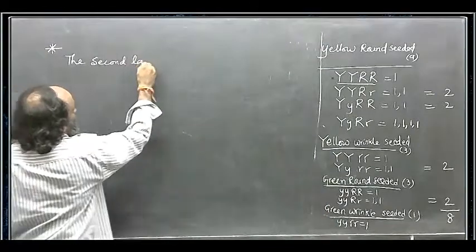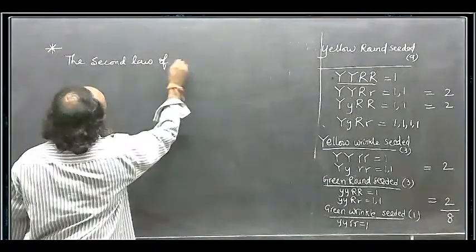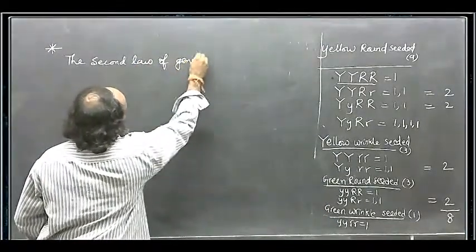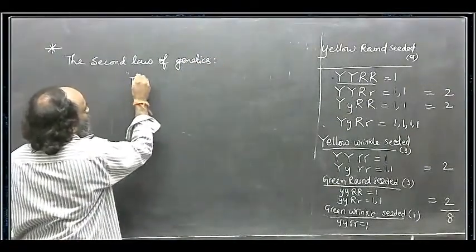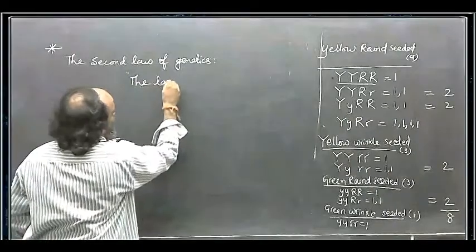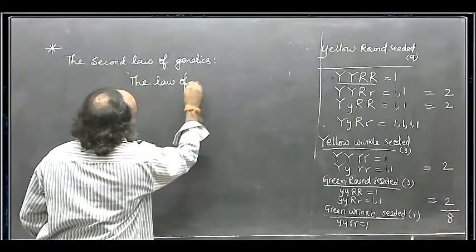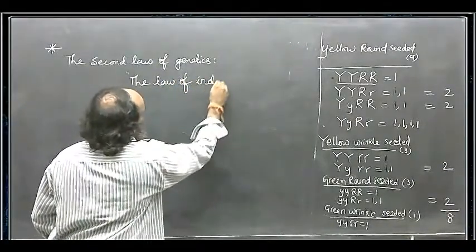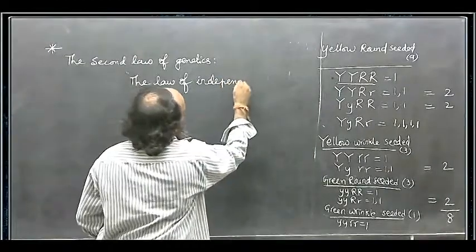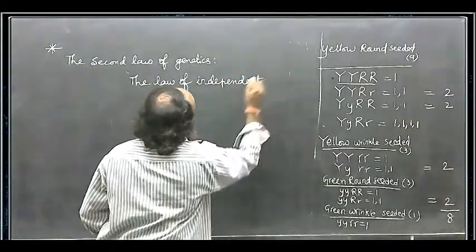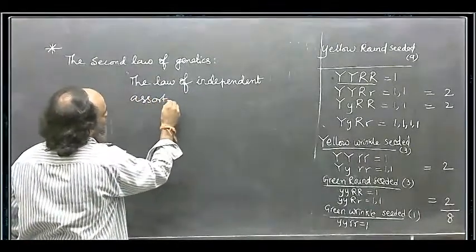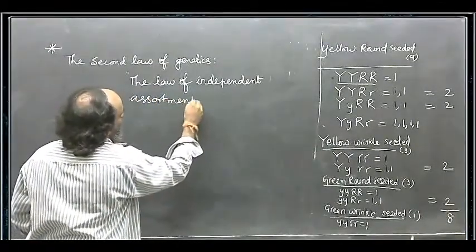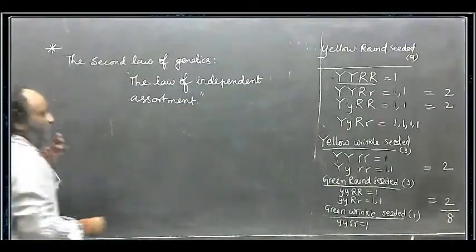The second law of genetics is the law of independent assortment.